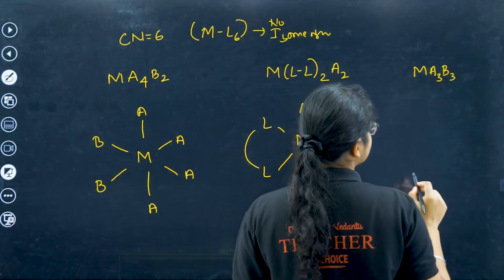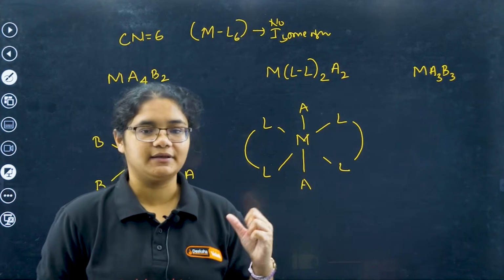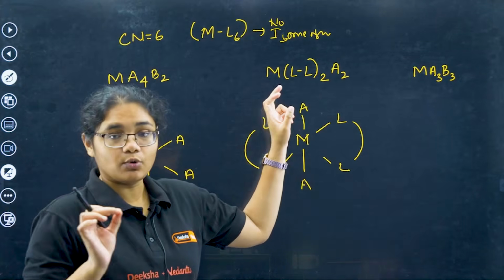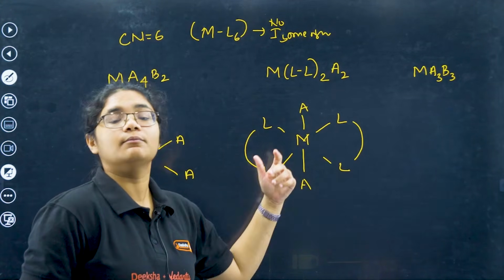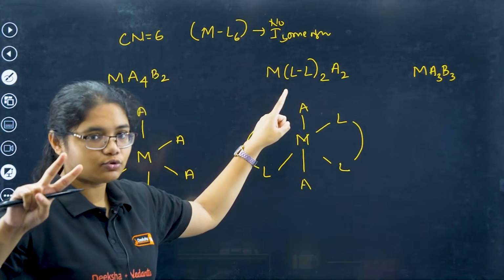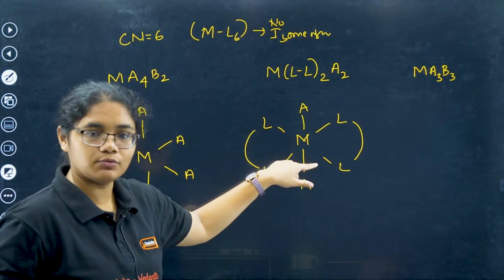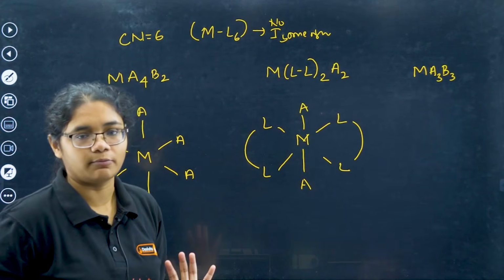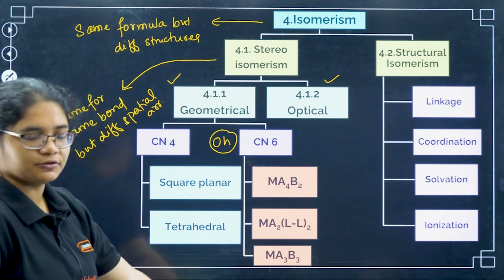Here also out of 6 ligands, 3 A are present and 3 B are present. In M(LL)2A2 there are 2 bidentate ligands and 2 monodentate ligands. Each bidentate ligand will form 2 bonds, and another bidentate ligand will form another 2 bonds, so a total of 6 bonds form here. So in coordination number 6 we have all these possibilities.